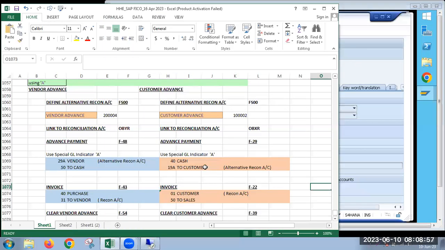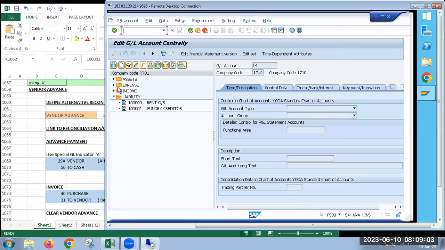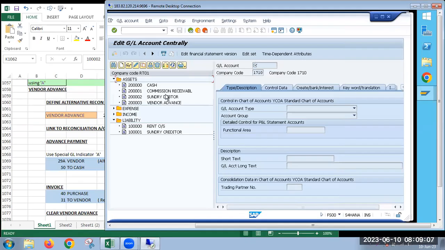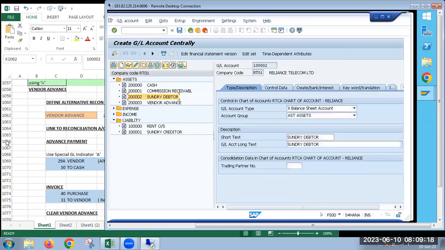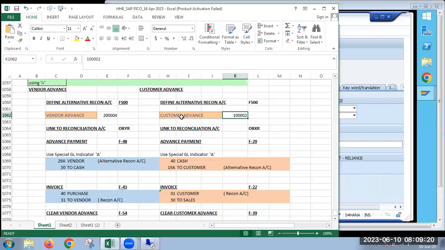So we can create a customer advance account using this number. Maybe we can copy the same customer account and make it a customer advance GL.